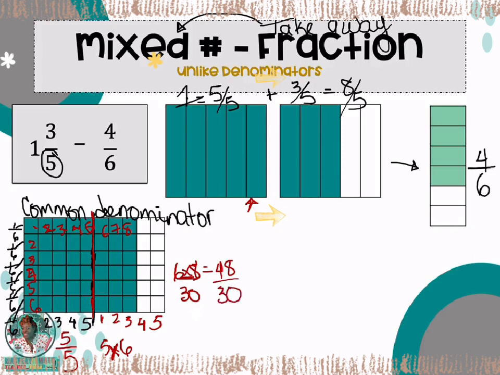I hope you're following me so far. If not, pause and then go back. And now we need to change our next fraction. But remember, the reason why we did this is so that we can look at our 8/5 and know that 8/5 is the same thing as 48 thirtieths.